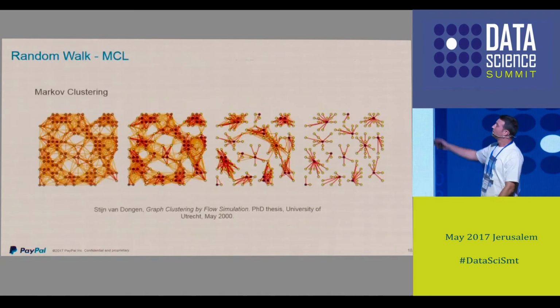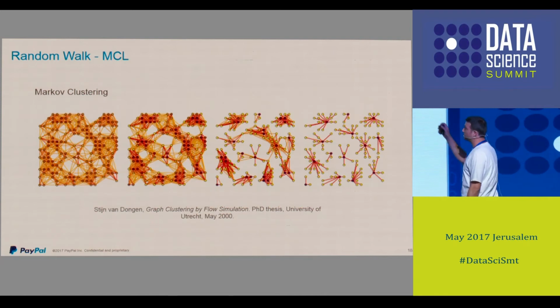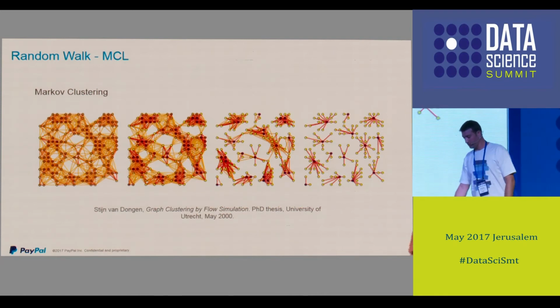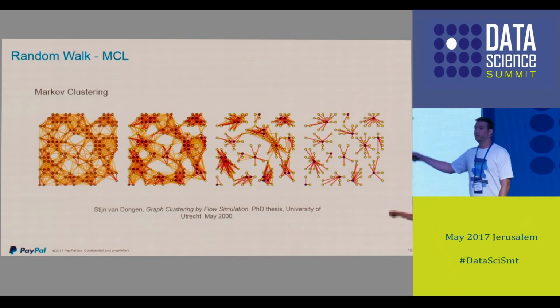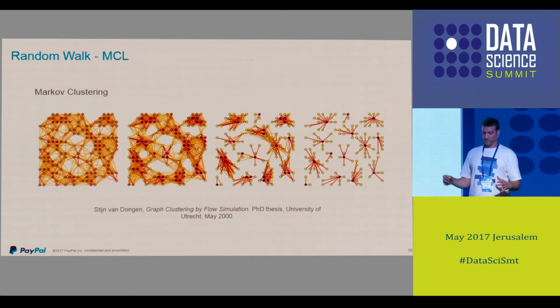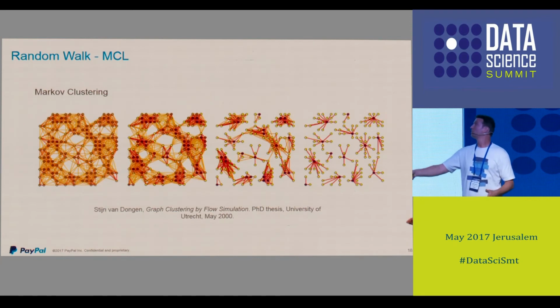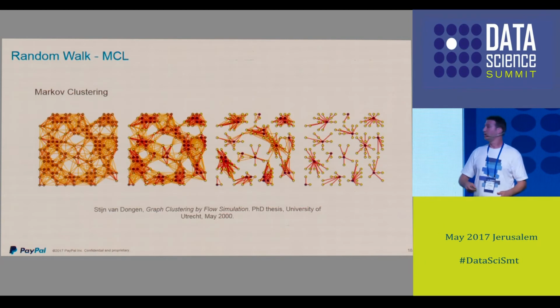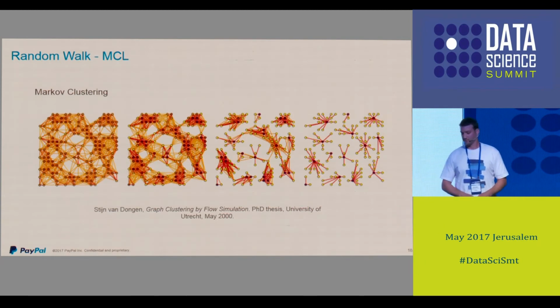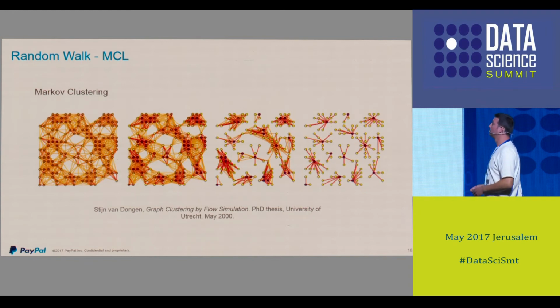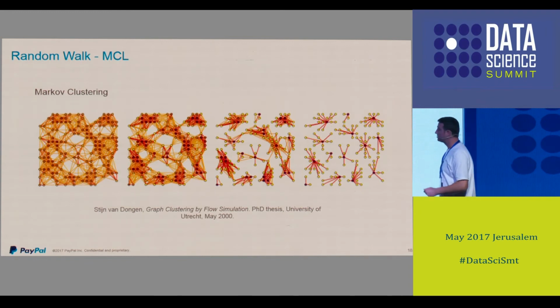Next, let's review another family of algorithms. So this is the random walk family. The intuition behind this family of algorithms is that if you start a random walk from a certain node, then you are more likely to end the walk in this node's cluster rather than move to another cluster. And let's see how it is implemented in MCL. MCL is short for Markov clustering.